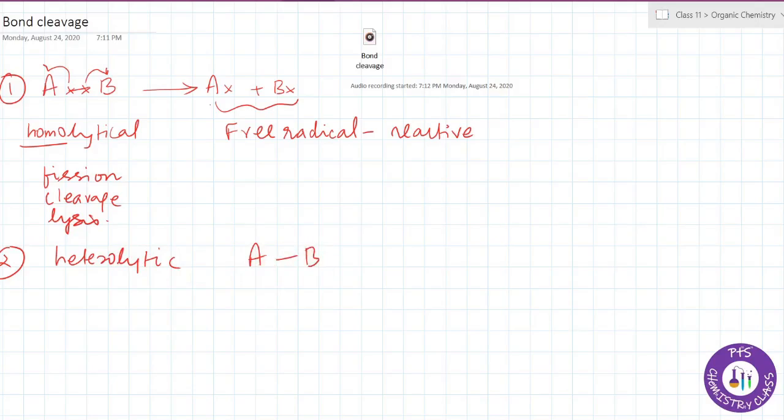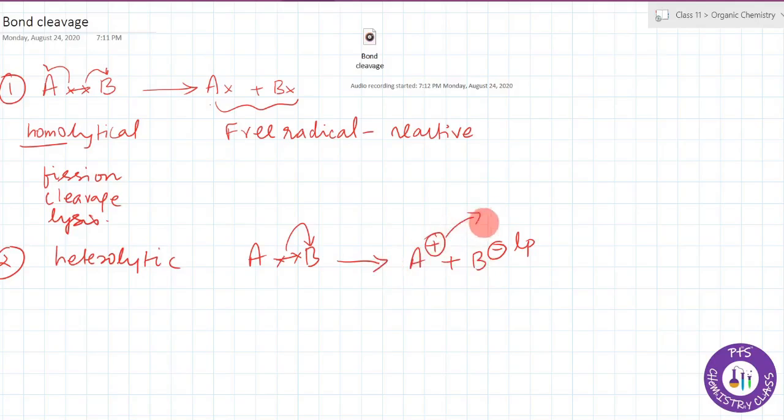Heterolytic means both the atoms don't get an equal share, which means both the electrons will be shifted to one atom like this. B will get the minus charge, which means a lone pair will be shifted to B. Now A has lost its share of electrons, so it will develop a positive charge.